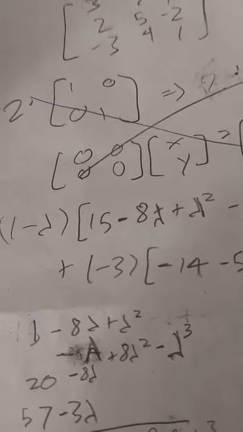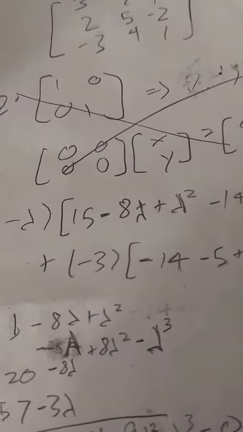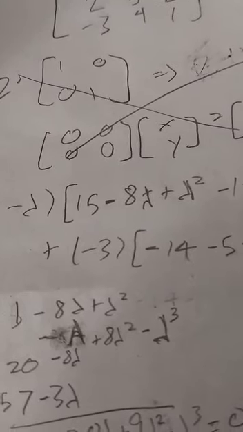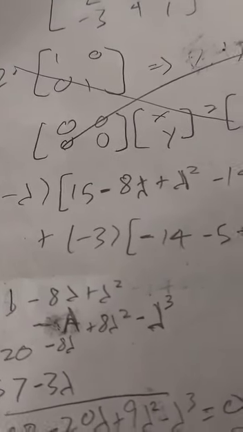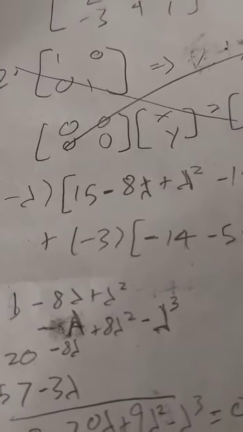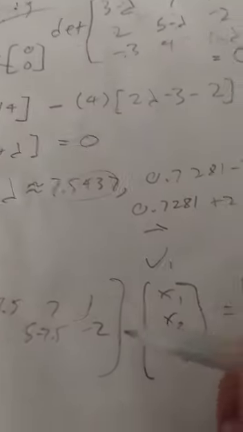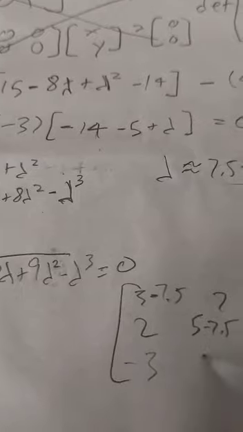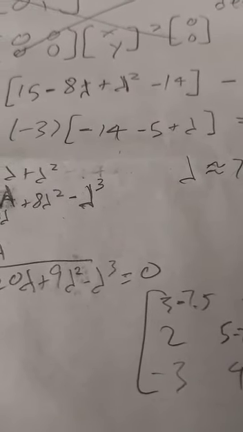So it's simply 3 minus 7.5, then 5 minus 7.5, minus 2, and then minus 3, 4, 1 minus 7.5.